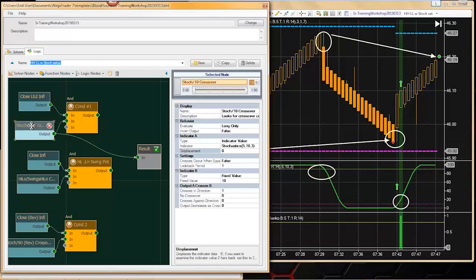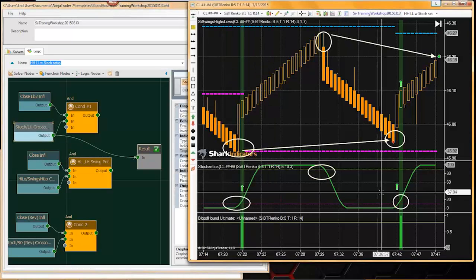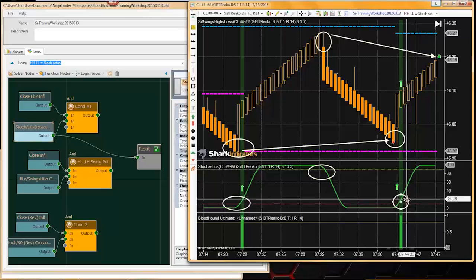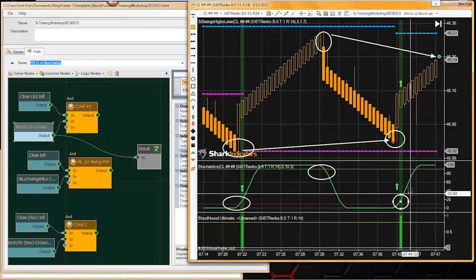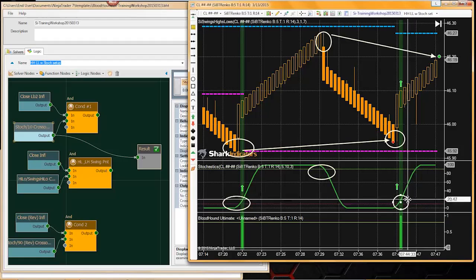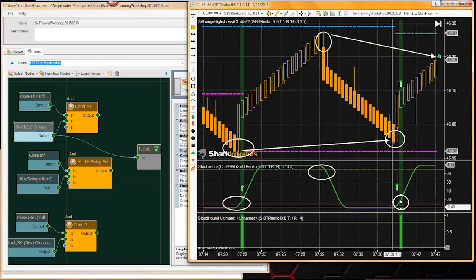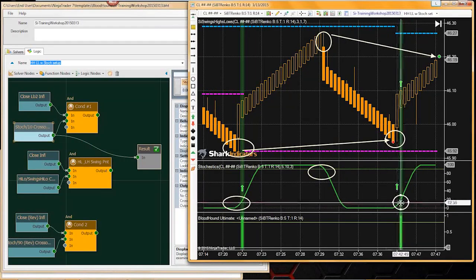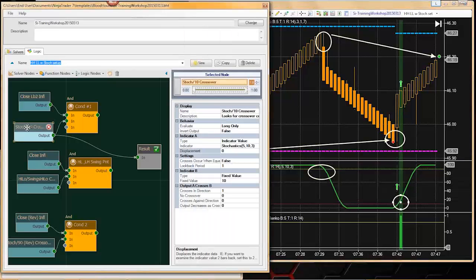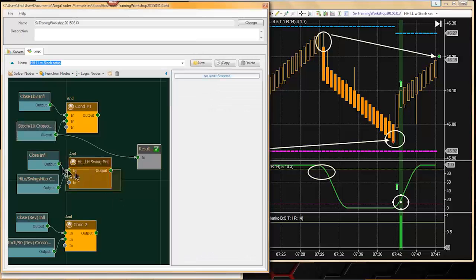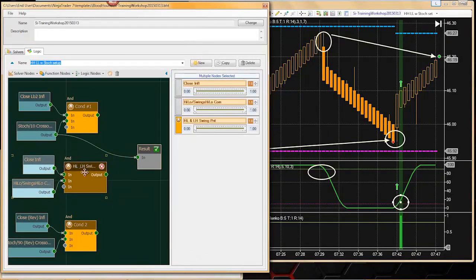Yeah, right. So remember, one of the components of condition 3 is we have to be looking for our stochastic to cross above the 10 level. So somehow I need to get this solver included in this set of logic here.